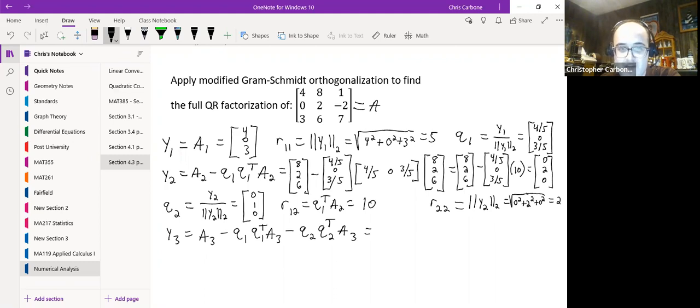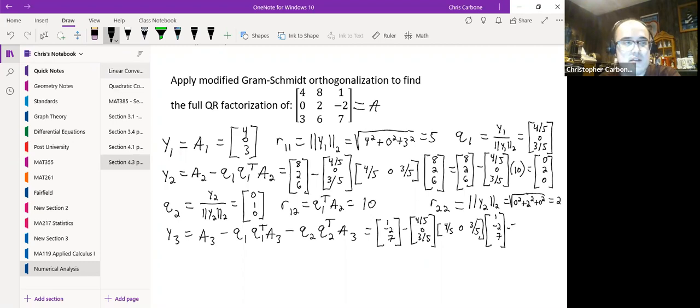The third column of A is 1, -2, and 7. This will be minus 4/5, 0, and 3/5 from our earlier calculation, times the transpose, 4/5, 0, 3/5, times 1, -2, 7.